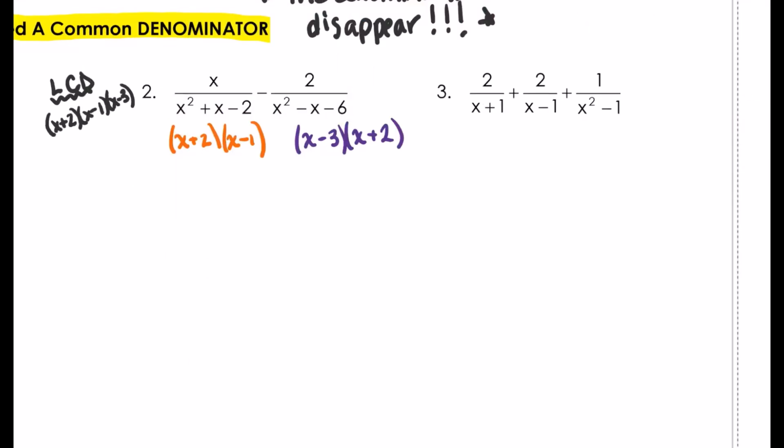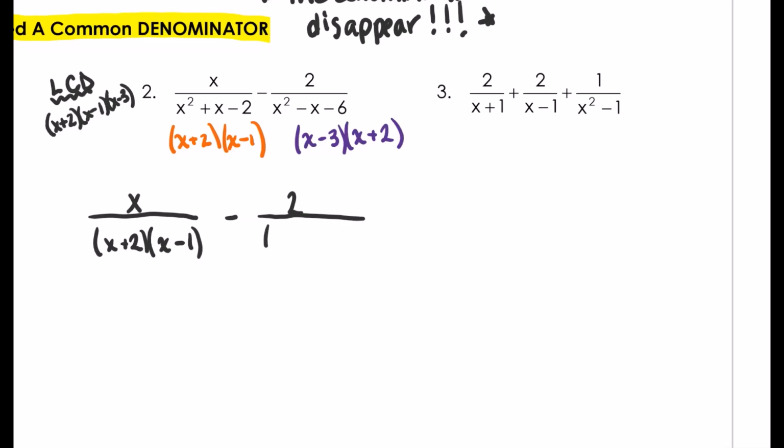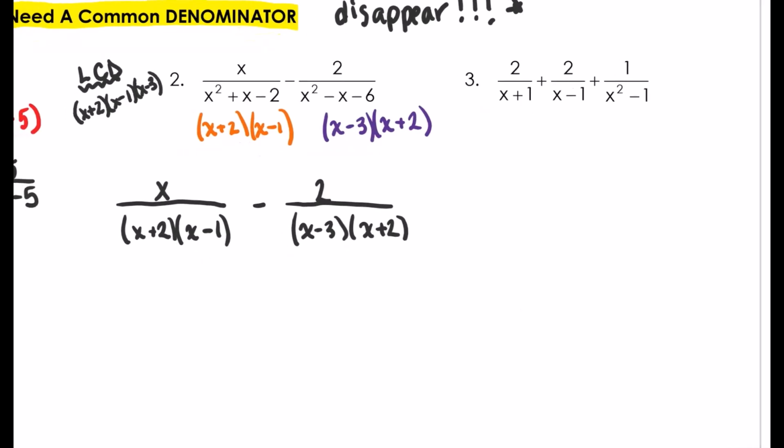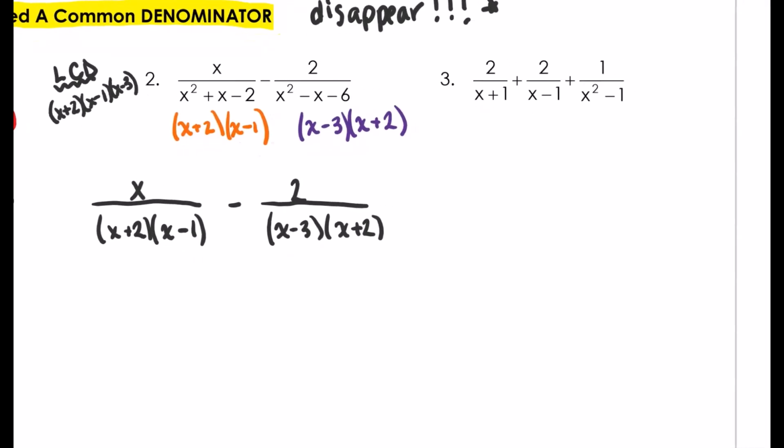All right, so now I'm going to rewrite each fraction. So my first one was x, and I'm going to use the denominator x plus 2, x minus 1. So I'm going to use the factored form. And then same thing for the second one. Now, my first fraction is missing the x minus 3 factor.